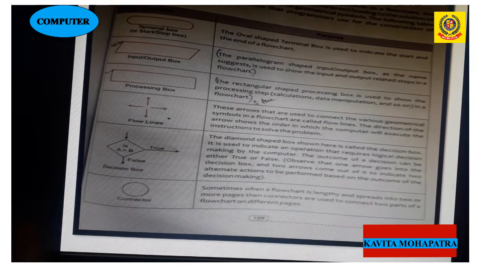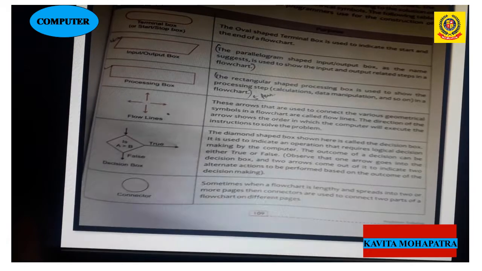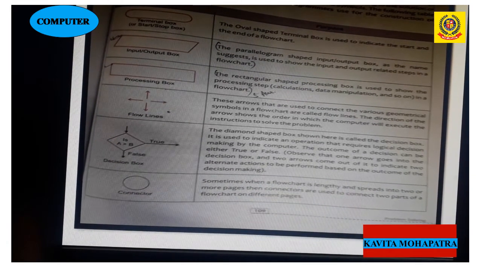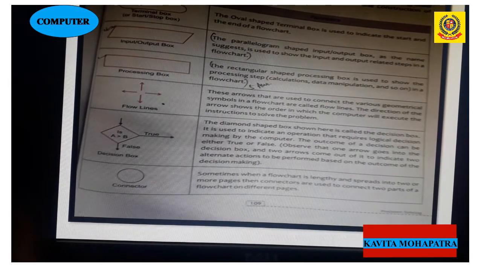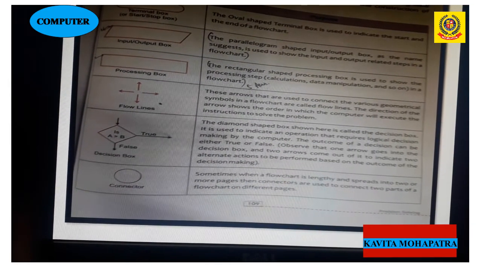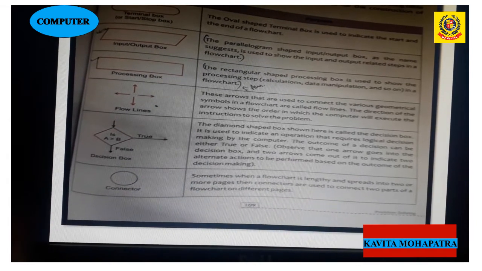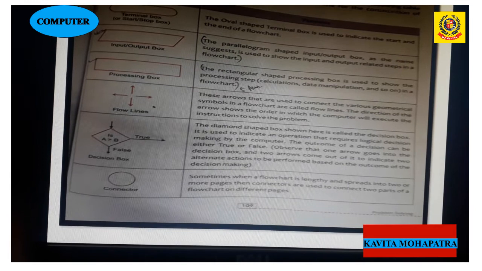It is used to indicate an operation that requires logical decision making by the computer. The outcome of a decision can either be true or false. Observe that one arrow goes into the decision box and two arrows come out to indicate two alternative actions to be performed based on the outcome of the decision making.